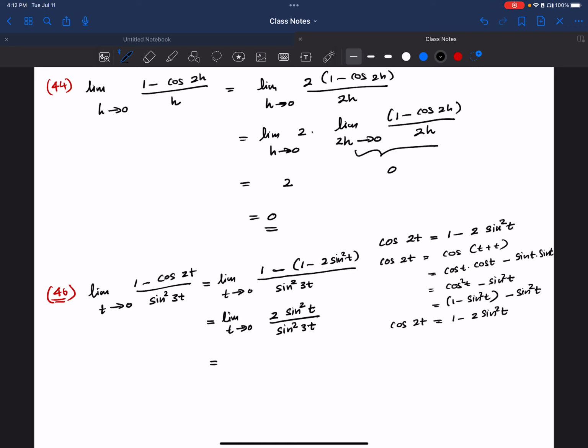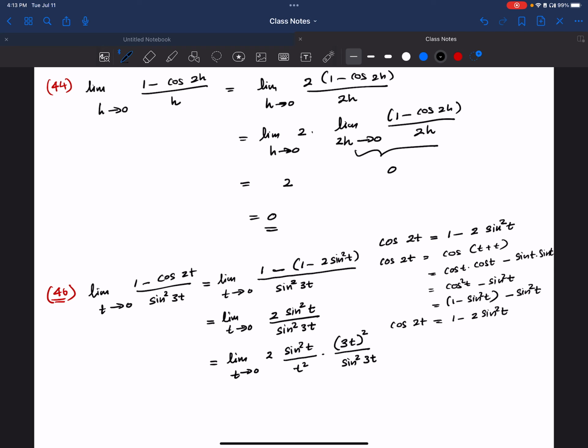For example, we can write the limit as t goes to 0 of 2 times sine squared t over t squared, times t squared over sine squared 3t.